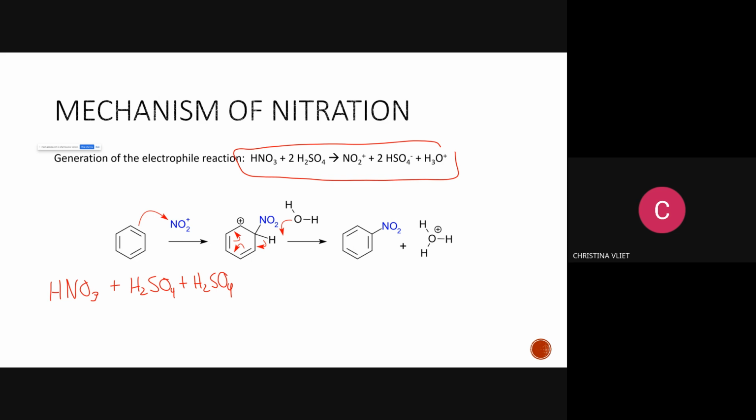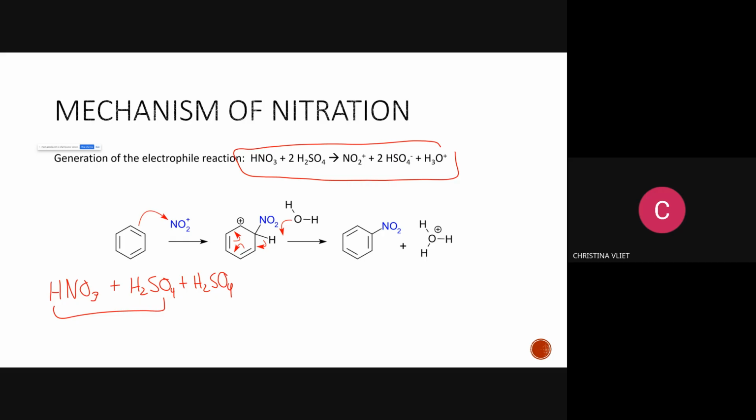This actually reacts in an acid-base reaction. It turns out that the HNO3 will get an extra hydrogen from the sulfuric acid, meaning that when nitric acid and sulfuric acid are mixed together, the sulfuric acid will force the nitric acid to act as a base.